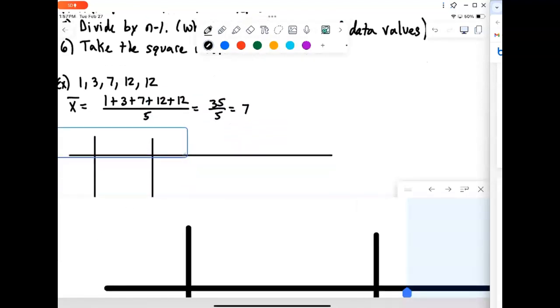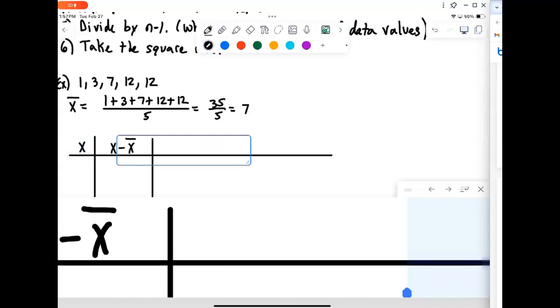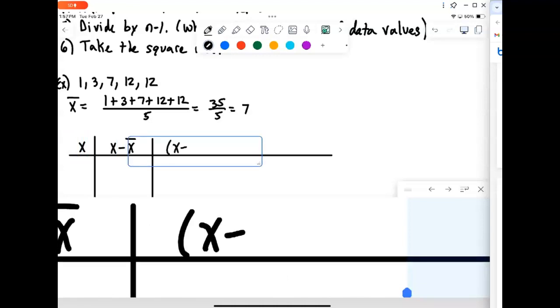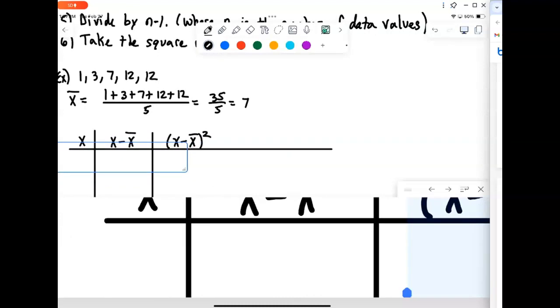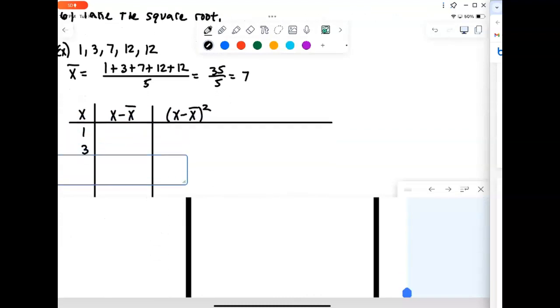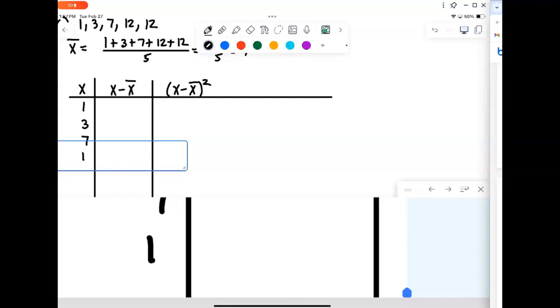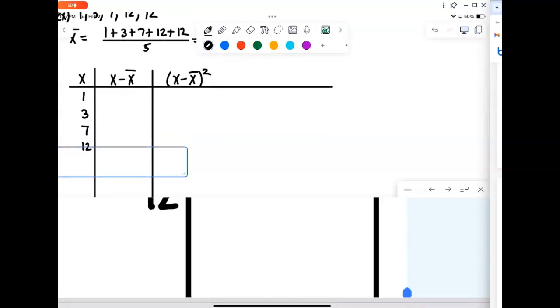The first column is just my data value, then my data value minus the mean, and then my data value minus the mean squared. So just write down each of my data values: 1, 3, 7, 12, and 12.